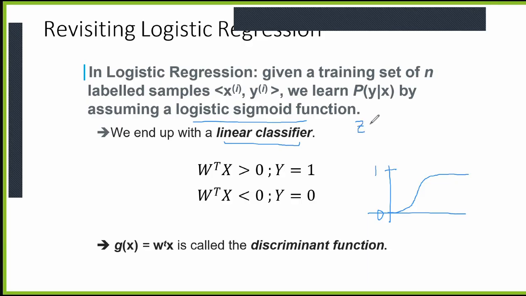We first get the logit, the linear combination between the weight and the input.